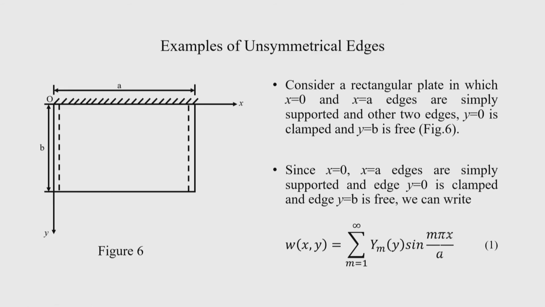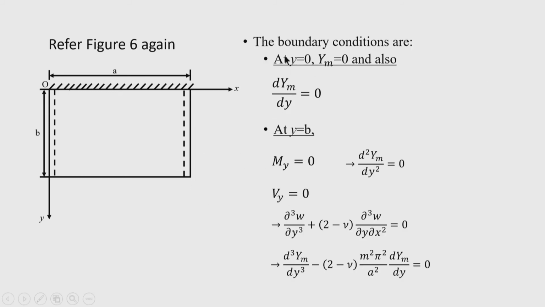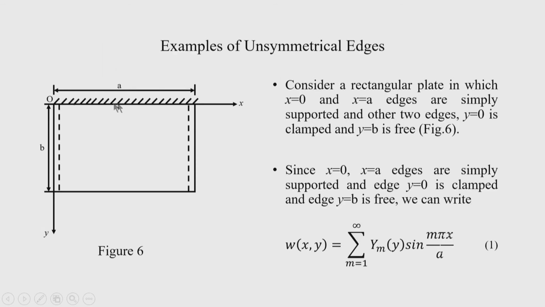So, the slope is 0 along the y direction. Now, examples of unsymmetrical edges. For unsymmetrical edges, again we know that these boundary conditions will be different. Say, in this figure, y is equal to 0, edge is fixed, and y is equal to b, edge is free.